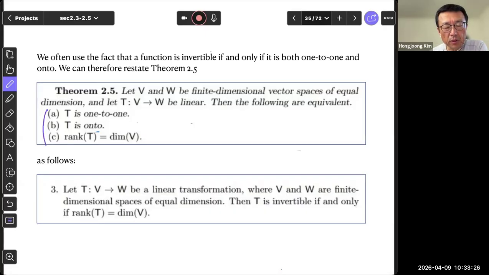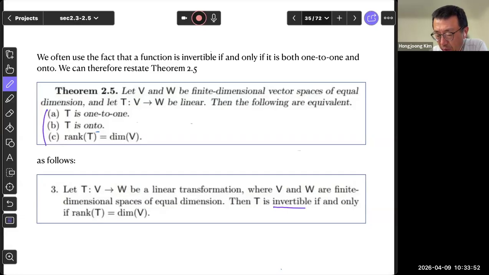In other words, if your linear transformation is invertible, then this T must be one to one and onto, so that the dimension of the domain, the dimension of the range, and the rank of T must all be the same.